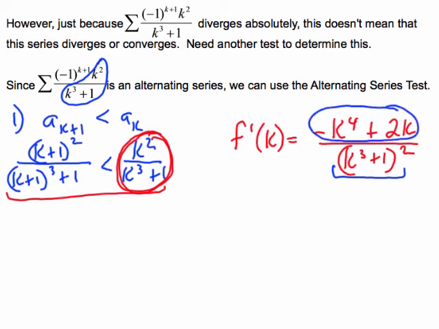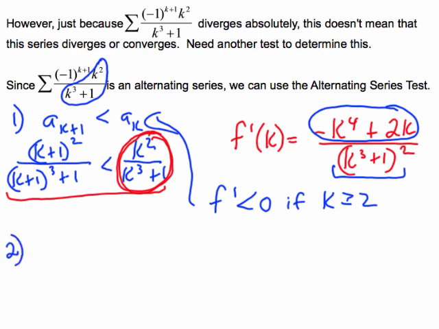But if k was 2 or more, I would get a negative on the top. So what I'm saying is that this derivative is negative if k is greater than or equal to 2. And so the terms are decreasing from term 2 onward. So they are decreasing eventually. That's all I need to show. And so I know that this condition is met.